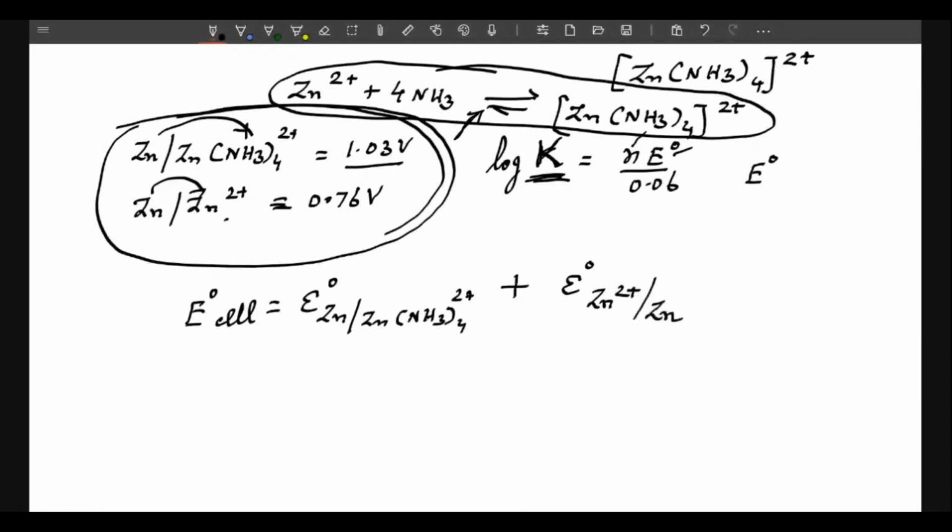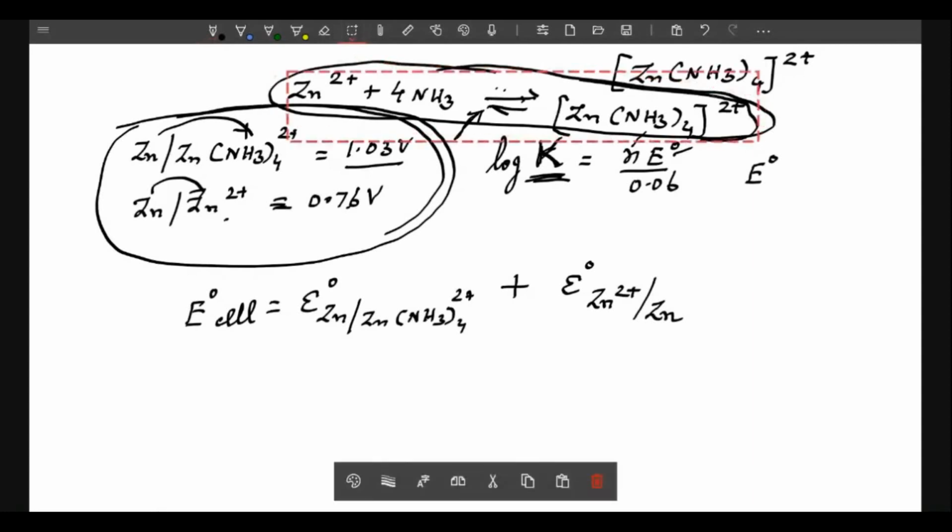This is the cell we have constructed making use of these two electrodes. You can easily construct this if two electrode potentials are given, or if a cell reaction is given, you can construct the cell. But making use of this cell reaction, it is not possible for us to construct a cell.